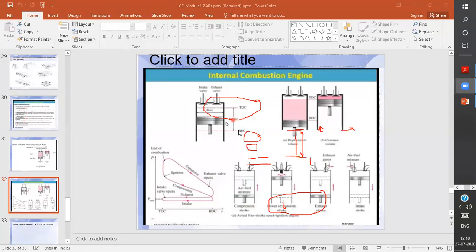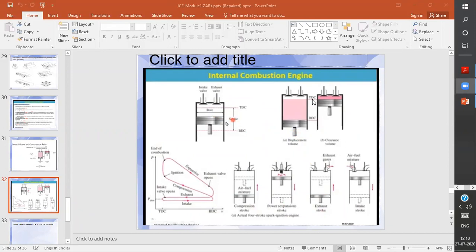So this is the same thing. Air fuel mixture, piston is moving from TDC to BDC. This PV diagram we will discuss later. So actually TDC and BDC, you have understood what is TDC, top dead center, and what is BDC, bottom dead center.